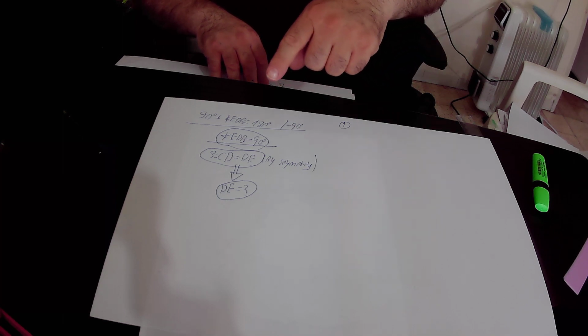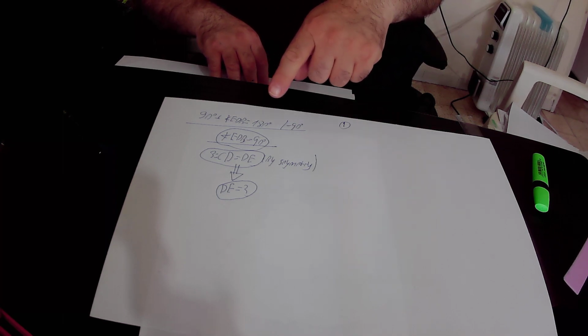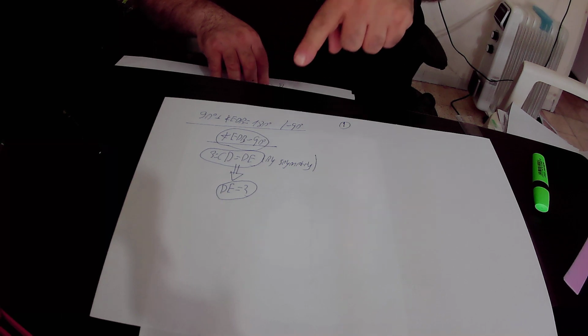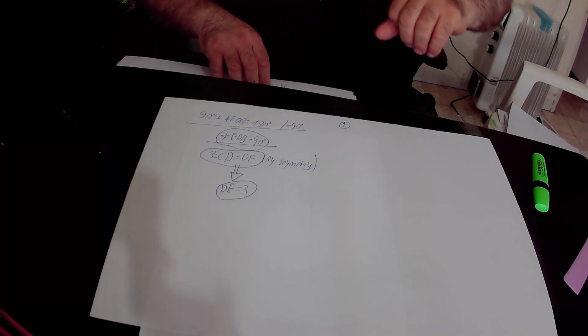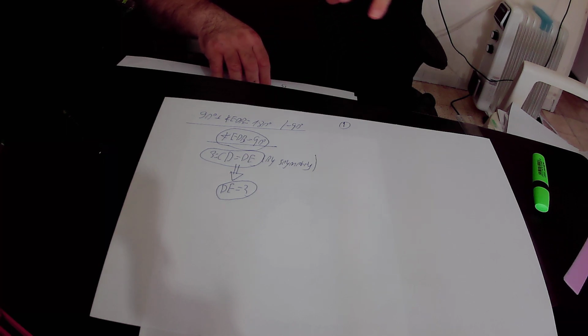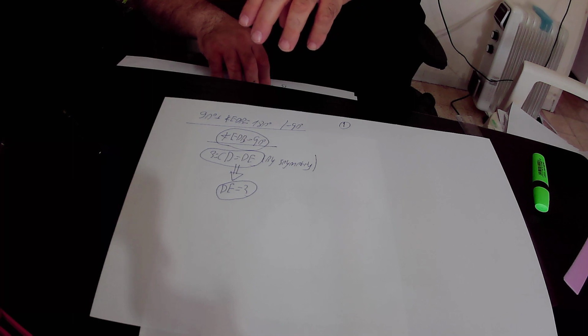Okay, CD is in the opposite direction of DE, but the lengths of CD and DE are equal to each other. So CD equals DE by symmetry, because DE is the mirror image of CD, and the mirror image is also always the same length as the original image itself.